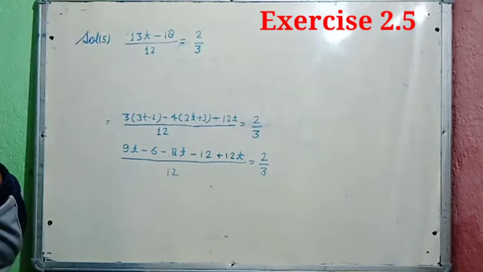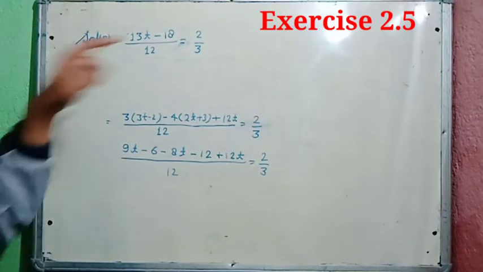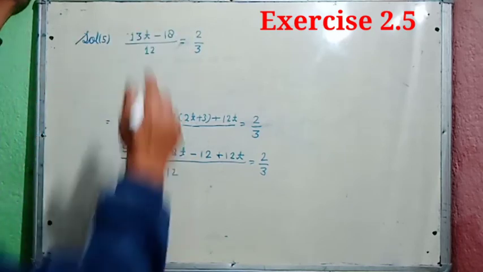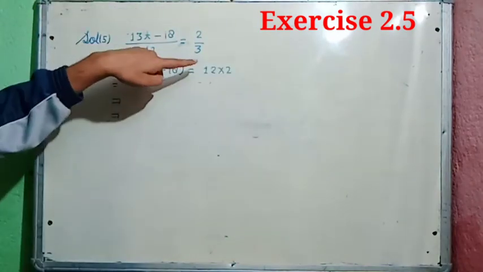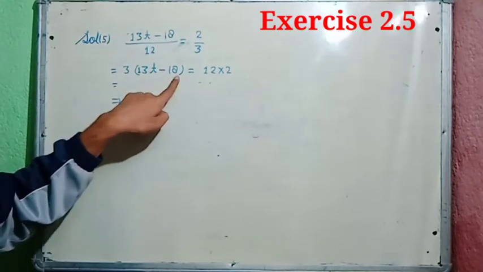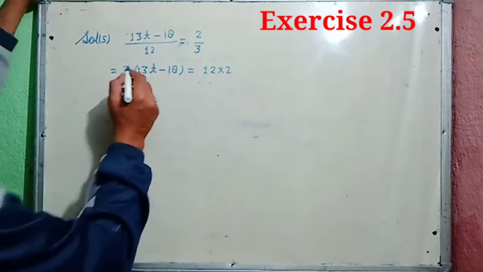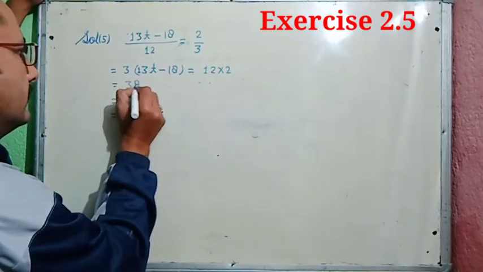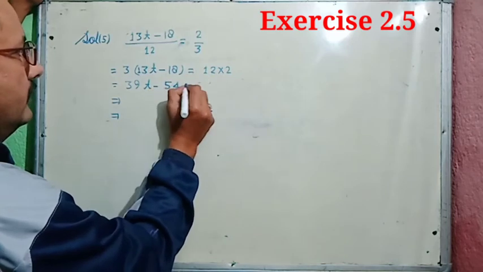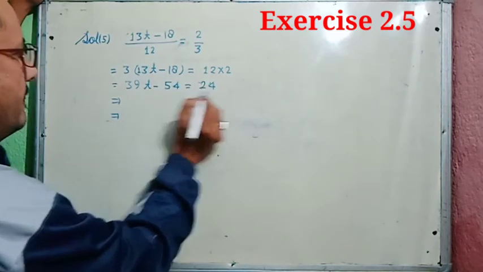Only you have a way to cross multiply 3 by this term, 12 by this term, right? तो आप इसको क्रॉस मल्टीप्लाई कर देंगे. मल्टीप्लाई 3 into 13t minus 18 and 12 into 2. 13 3 जा 39t, 18 3 जा 54 equals to 24.